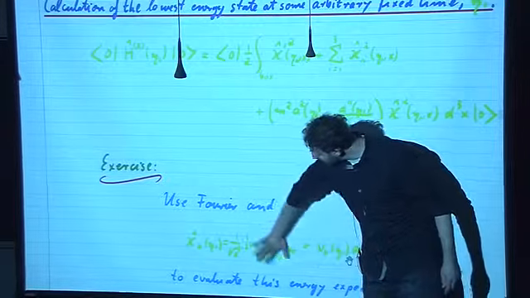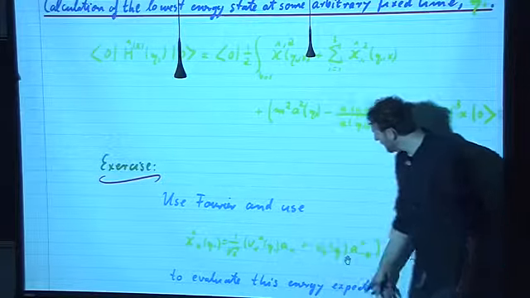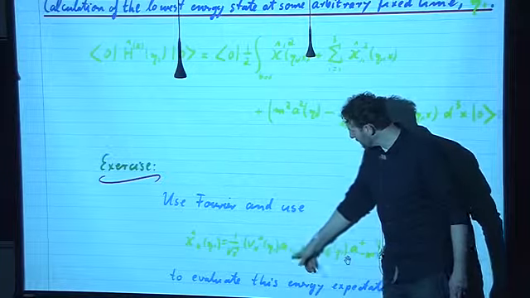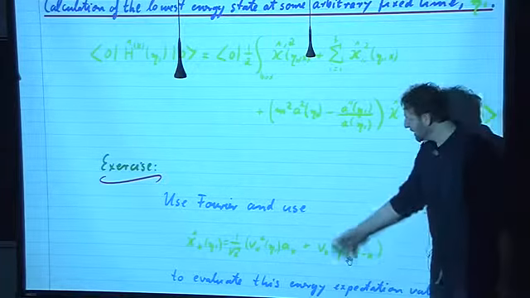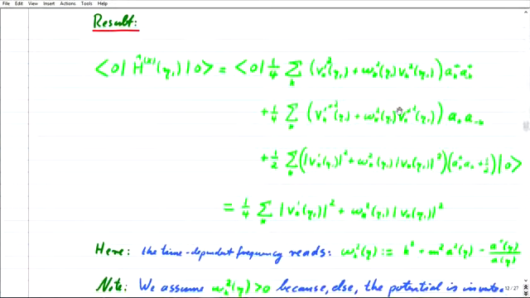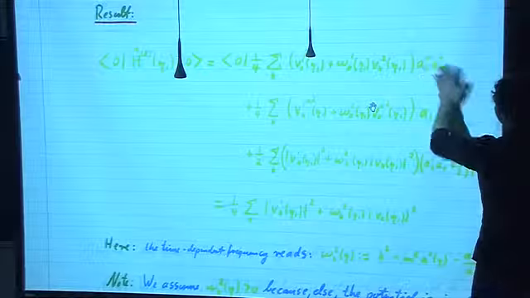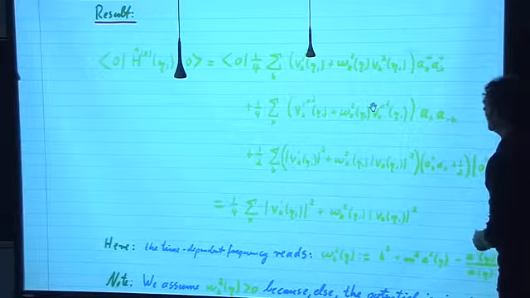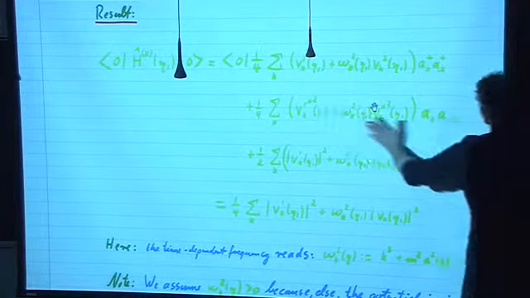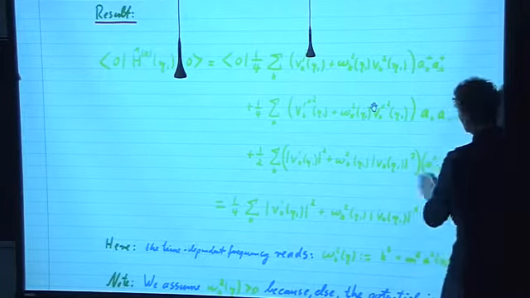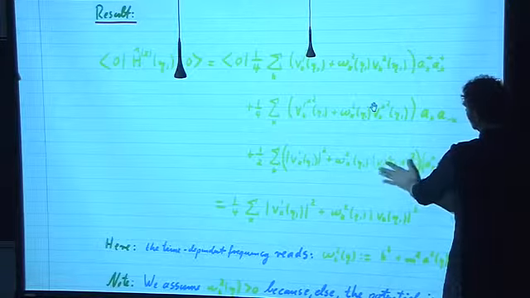So you're going to get a plus a dagger terms squared. So we are going to get a squared terms, a dagger squared terms, and a dagger a terms. This is exactly how they come out. Some stuff multiplying a dagger squared, it's really a dagger k, a dagger minus k. And then also some stuff multiplying this. And there's going to be a term with a dagger a and a term with a a dagger.